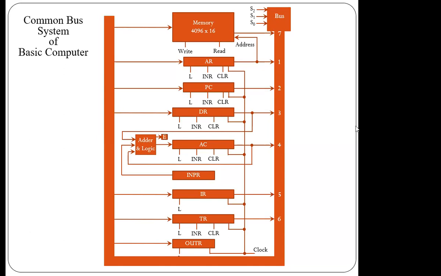Otherwise, one extra wire would be used, serving the purpose of an address bus or address line. To avoid it, we have used one register called the AR register. All the addresses will be handled by the AR register, which is 12 bits, right?